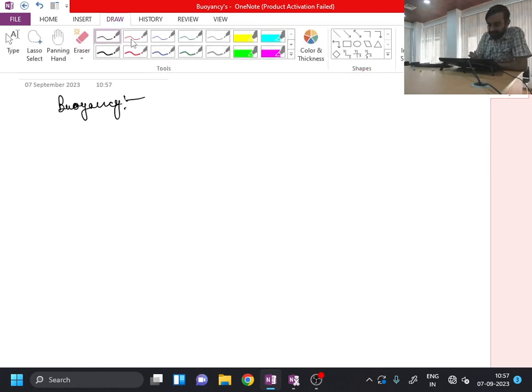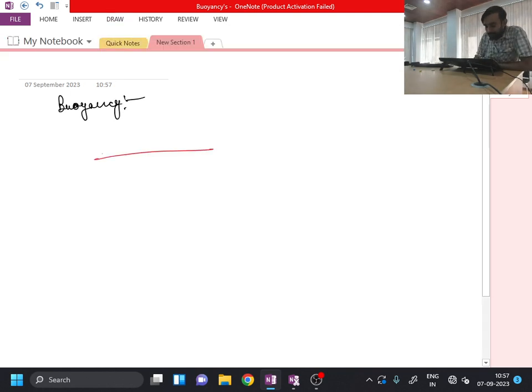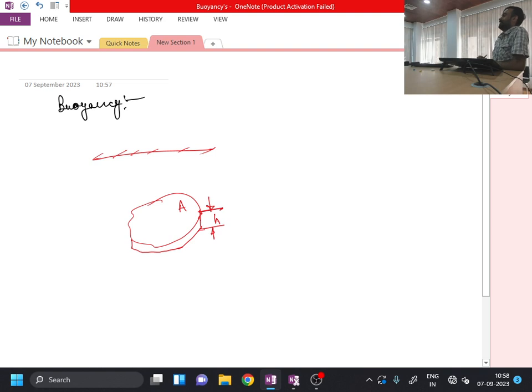To understand buoyancy, we consider a free surface, and below this free surface an arbitrary disc shaped body of area A, having constant thickness h, is submerged inside a liquid.